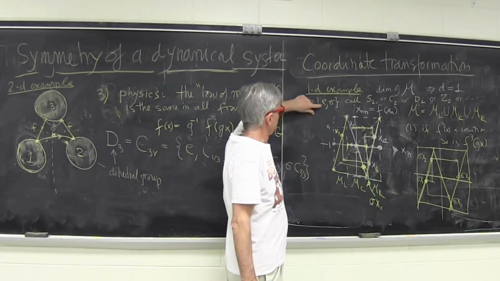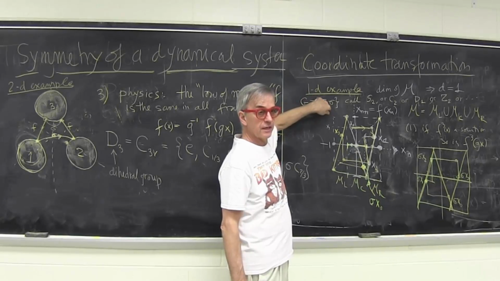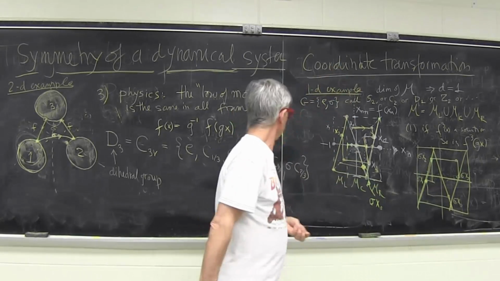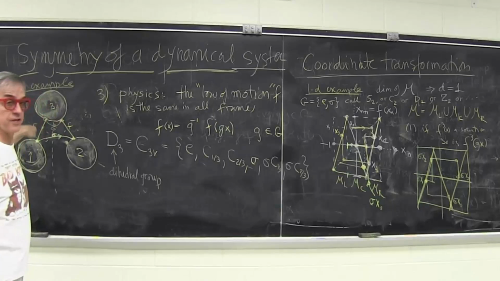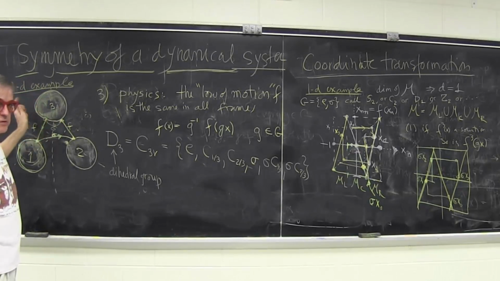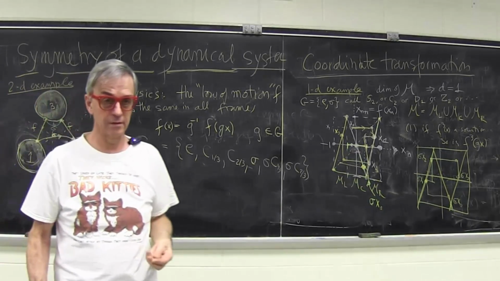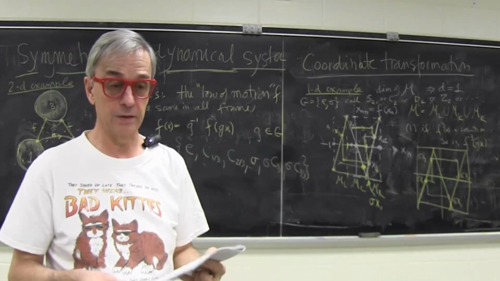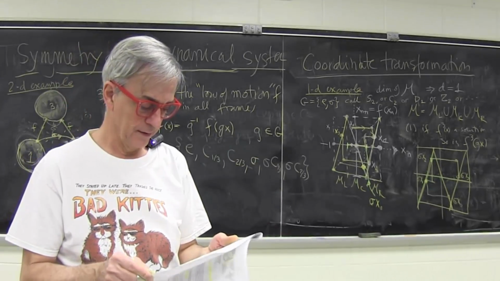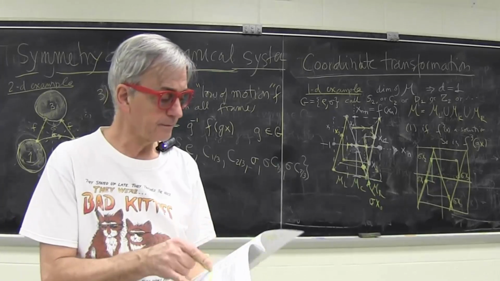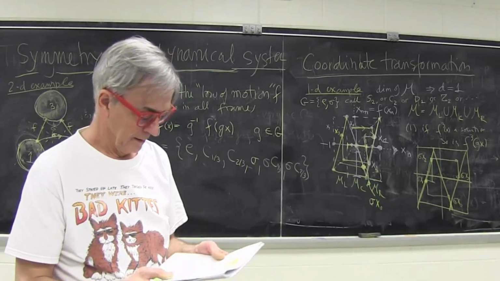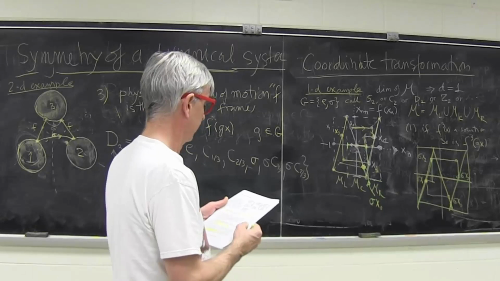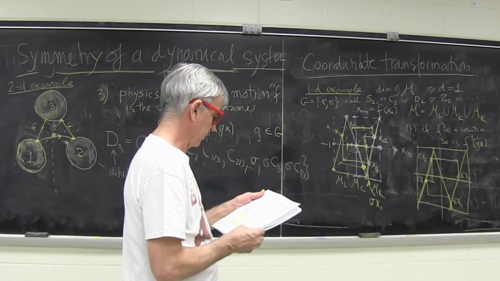The first is identity, and the second one is the flip. In general, there could be 6 images of any generic trajectory. Here, there are only 2, because the group is only of order 2. So there are 2 examples of this.